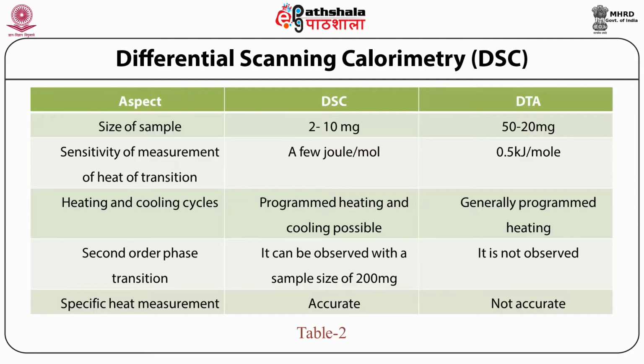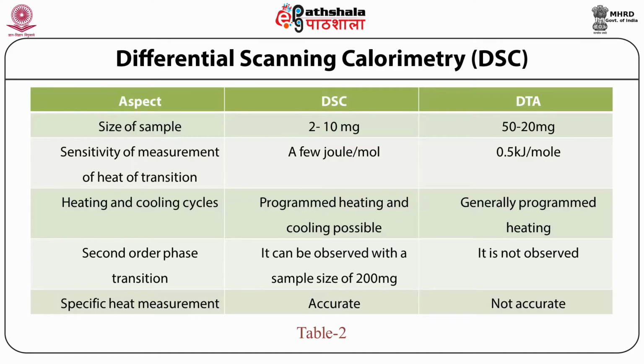In DSC, we can take 2 to 10 milligram of the sample, whereas in case of DTA, the minimum amount of the sample to be taken is 20 milligram. The sensitivity of measurement of heat of transition in DSC is a few joule per mole, whereas in DTA it is 0.5 kilojoule per mole, a very big difference, and it goes in favor of DSC.